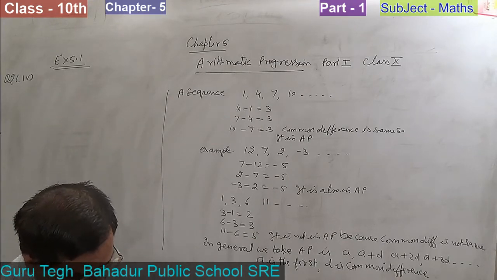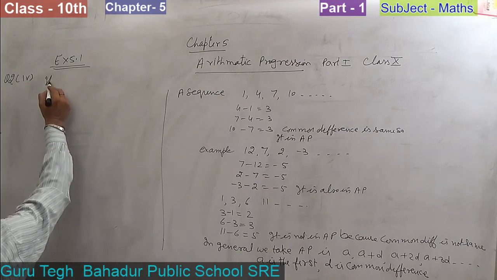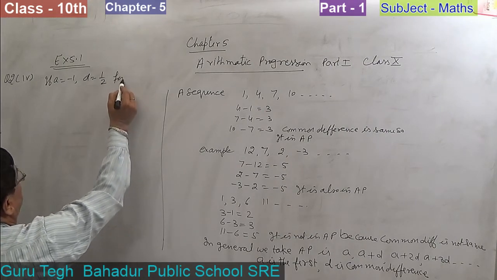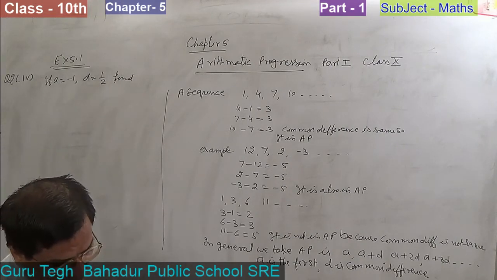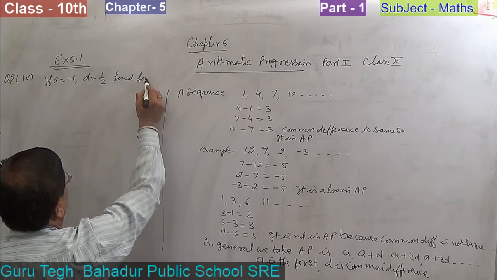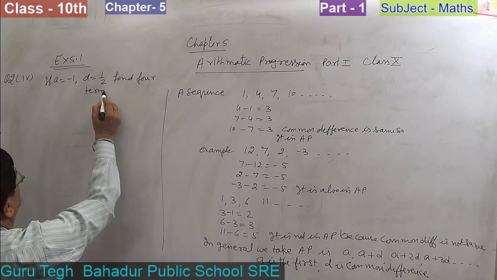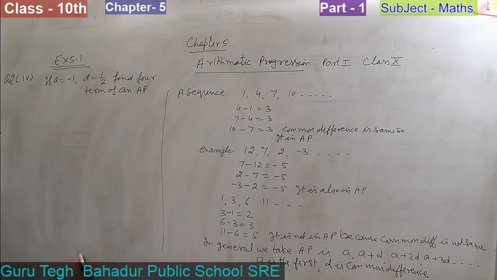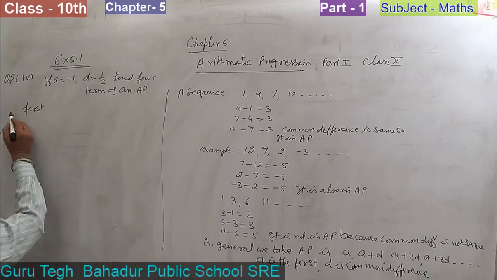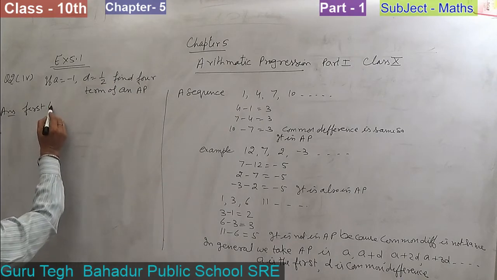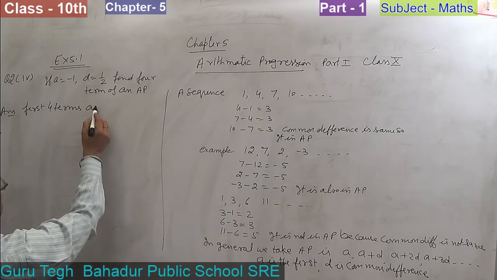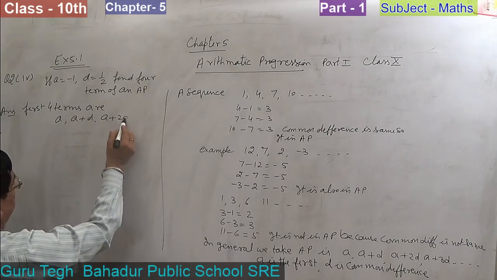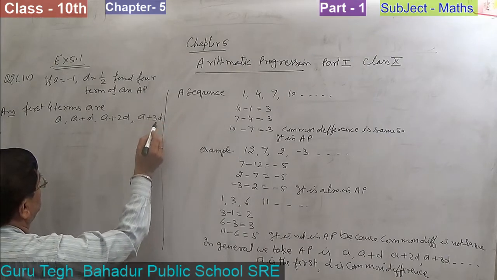Given AP: a is minus 1, d is 1 upon 2. Find the first four terms of the AP. The first four terms are a, a plus d, a plus 2d, and a plus 3d.